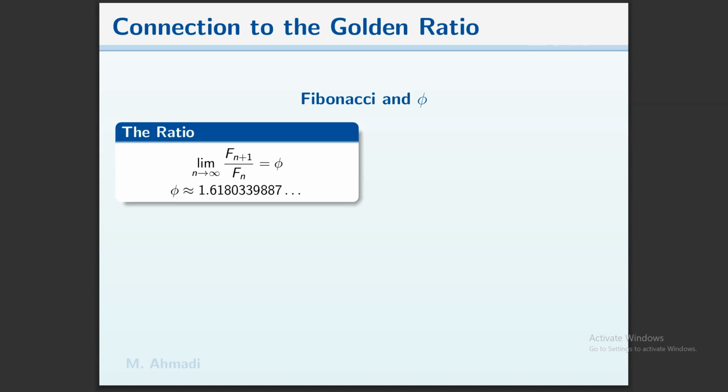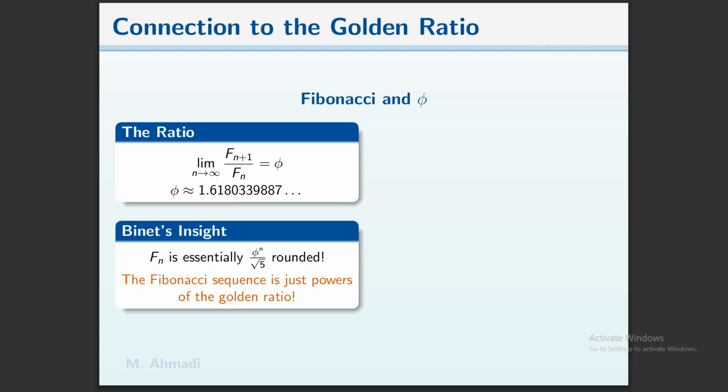Also, it has a connection with the golden ratio. We know that the ratio of Fn plus 1 over Fn, when n goes to infinity, equals phi, which is approximately 1.618 and so on.